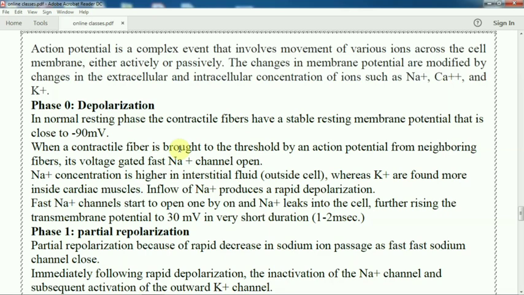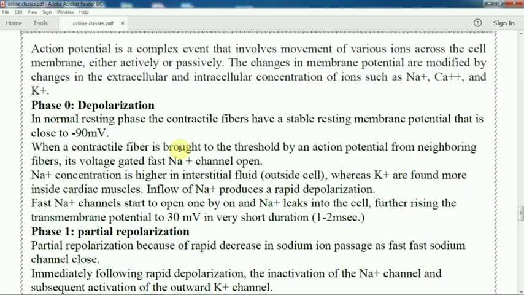So what happens in depolarization, or phase 0? Before phase 0, the heart is in the resting position. That means the resting membrane potential is minus 90 millivolts. So the heart is trying to contract. How is the impulse generated?